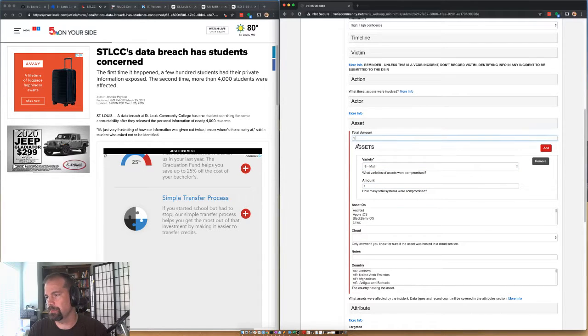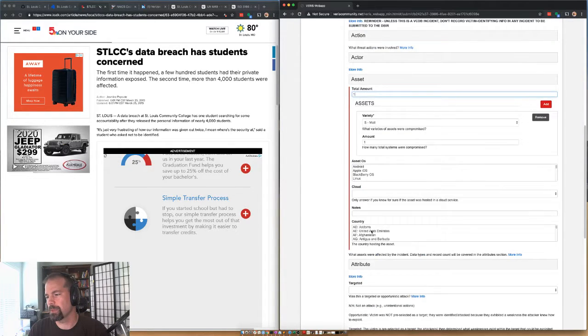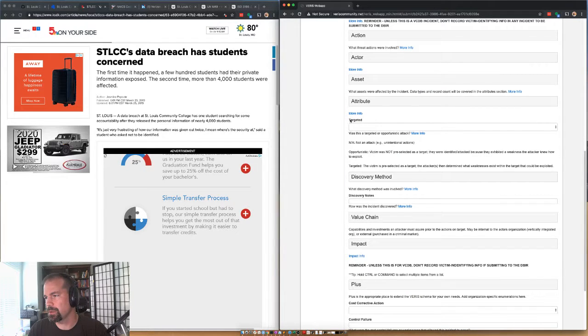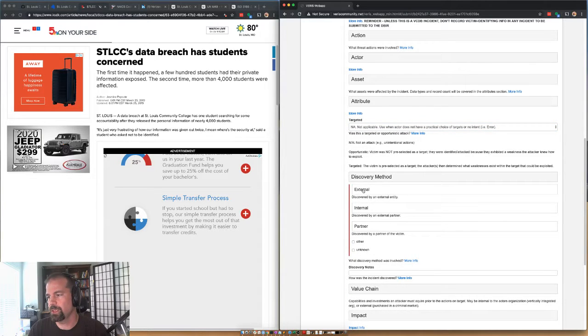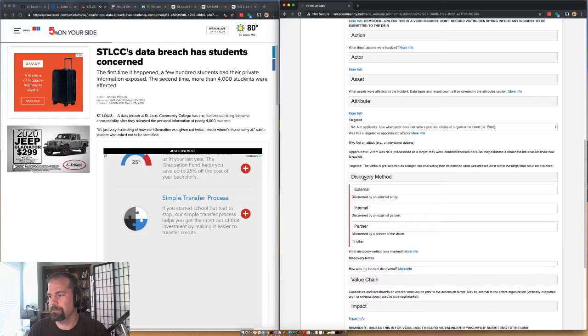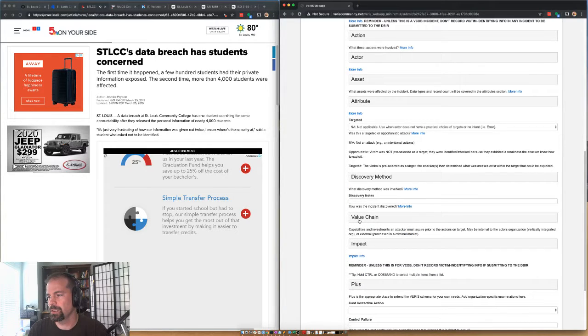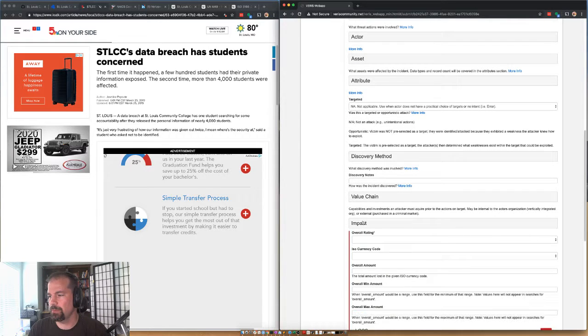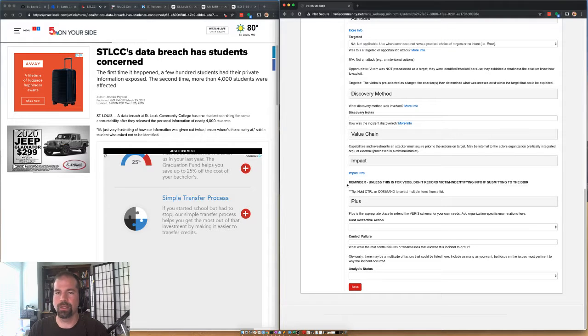One asset. Targeted, not applicable. Discovery method. Again, we don't really know. Mark unknown. Value chain doesn't apply. Impact. Insignificant. They sent out an email and asked people to delete the file.